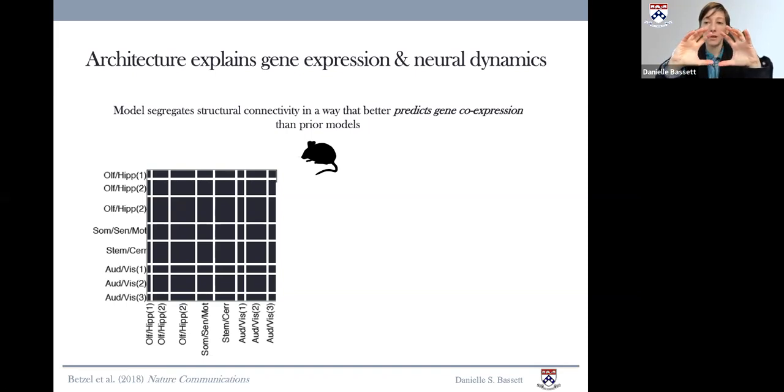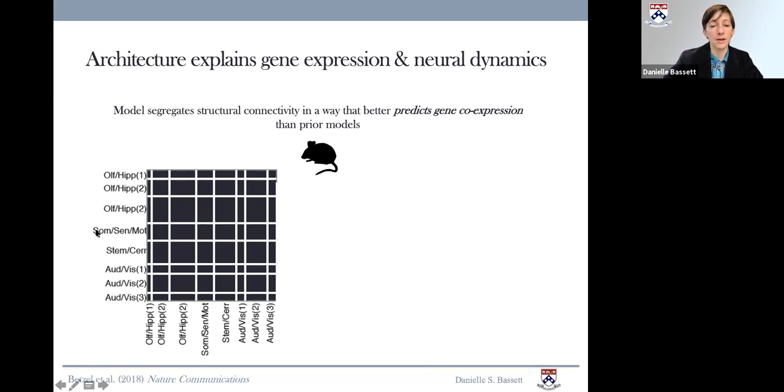What I'm showing you here along the X and Y axes are different terms for regions of the mouse brain. Olf standing for olfactory areas, hip standing for the hippocampus, aud standing for auditory regions, vis standing for visual regions.